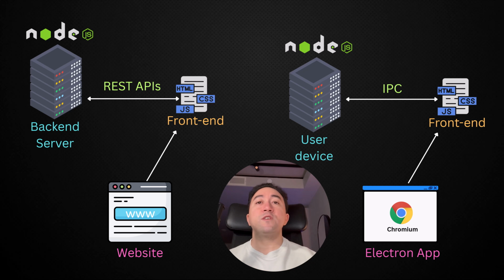it's executed using Node.js. So now you might wonder, in typical websites, the communication between the front end and the back end happens using REST APIs. So in Electron applications, how does the communication happen between the front end and the back end? Basically, it happens using a module called IPC, or inter-process communication.